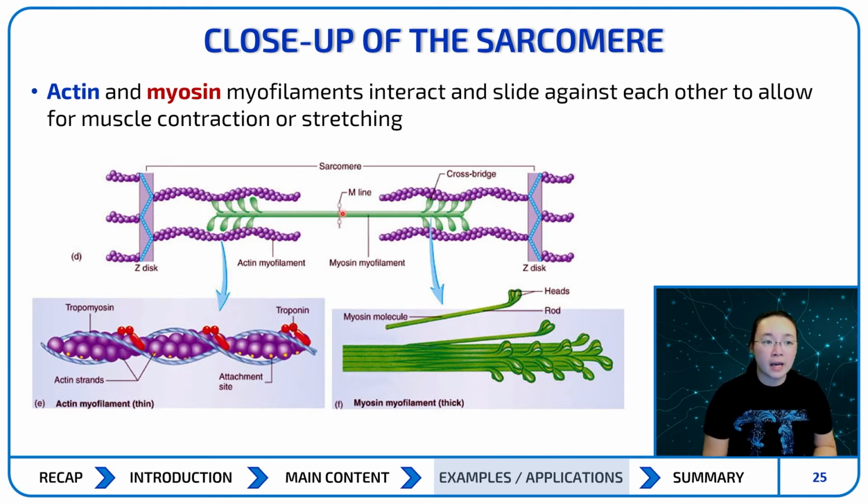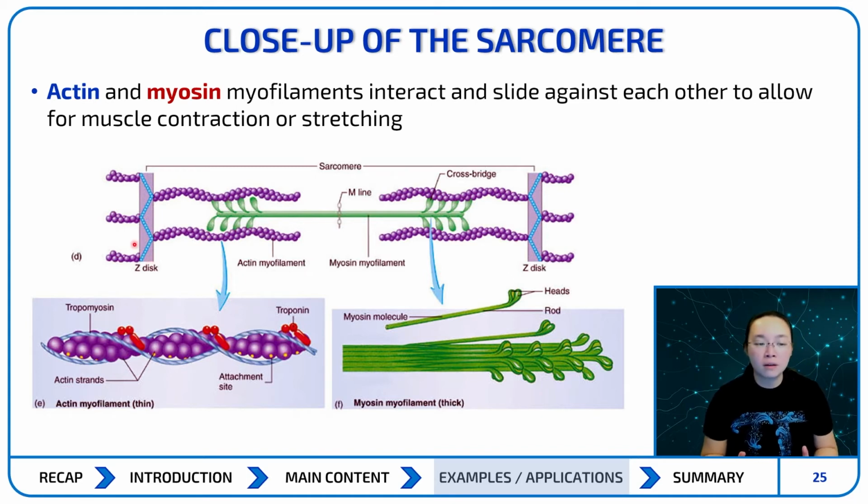Keep in mind that the actin filaments in purple are anchored to something called the Z disc. And so because the sarcomere is one unit of your muscle cell, there's a bunch of sarcomeres that are connected to each other, and they're just separated by the Z disc.